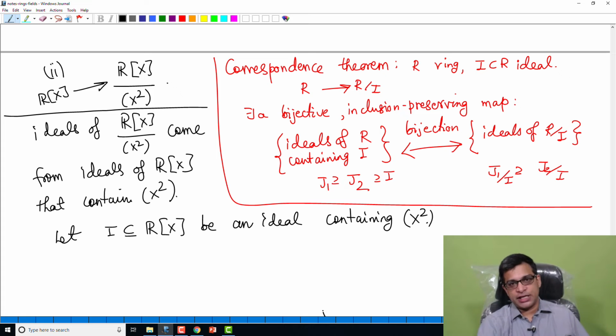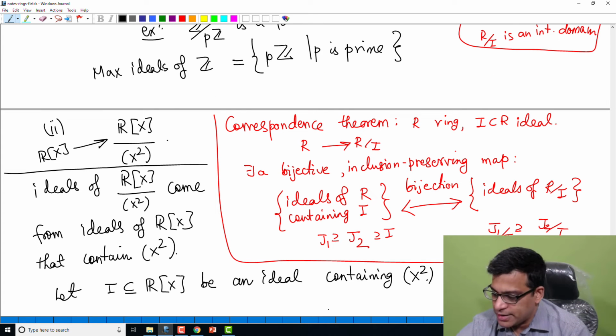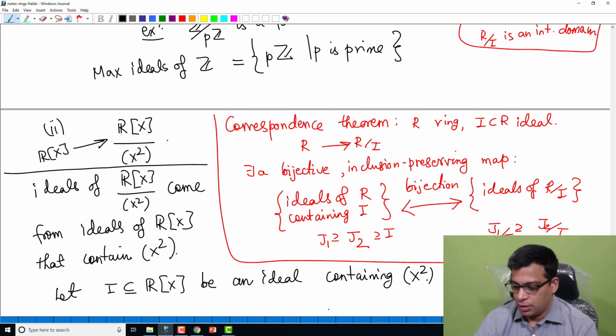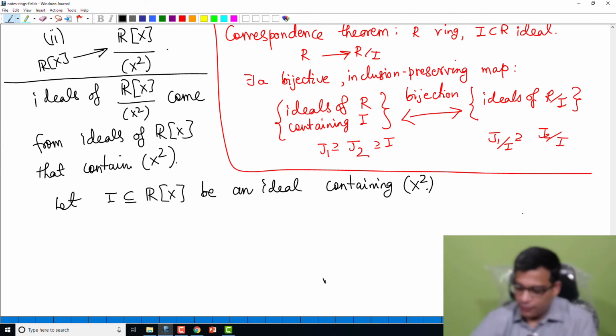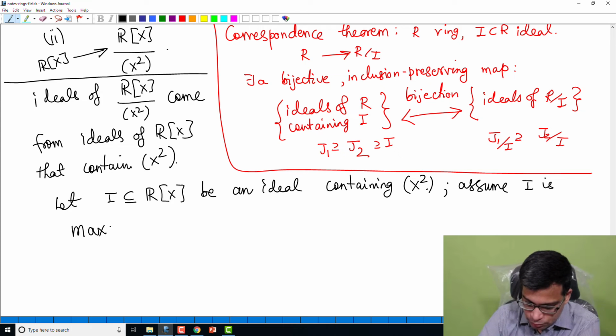The fact that this bijection is inclusion preserving means the bijection also gives a bijection between maximal ideals of R that contain I and the maximal ideals of R mod I. So this bijection restricts to a bijection of the subset of maximal ideals containing I, and it gives a bijection to the maximal ideals of R mod I. So we can further assume that I is a maximal ideal.